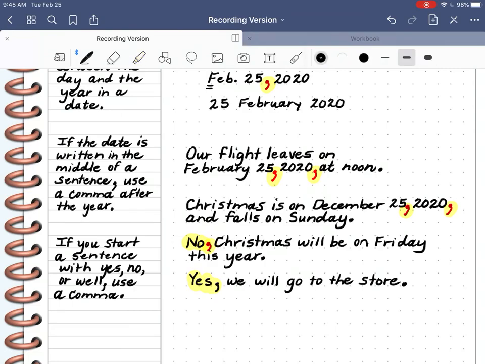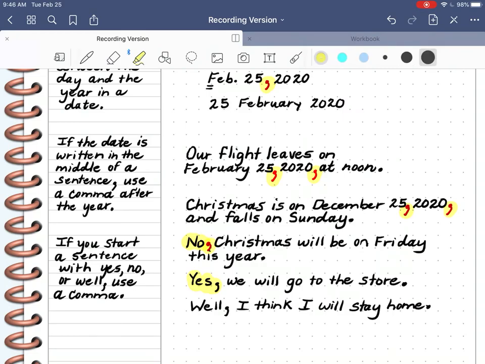Also, if you have the word well, I think I will stay home. And I'm just making up sentences to give you examples. But if you start your sentence with the word well, you want to use the comma.